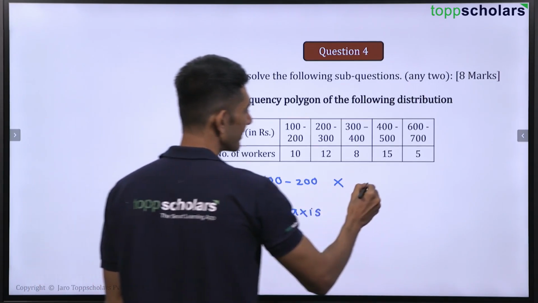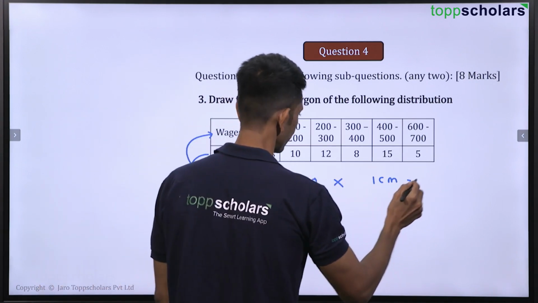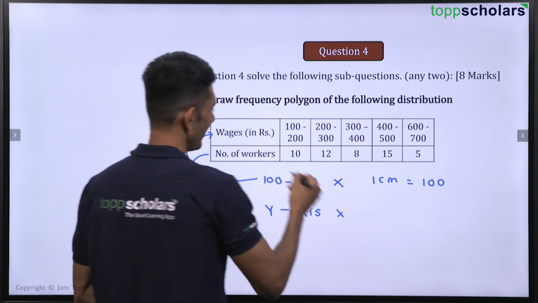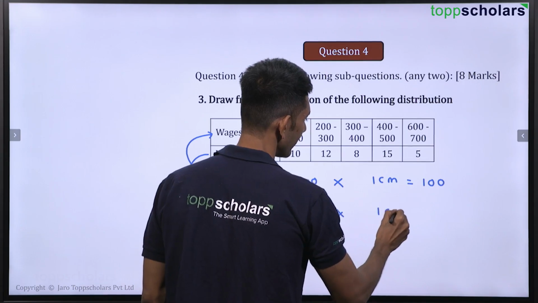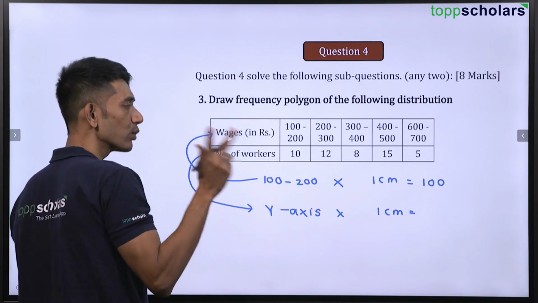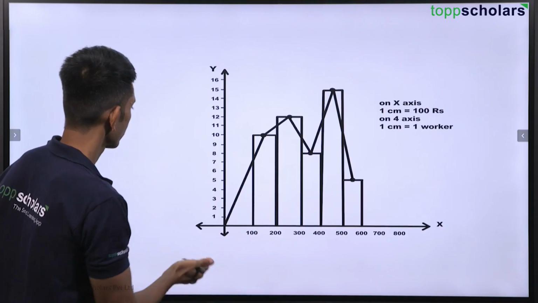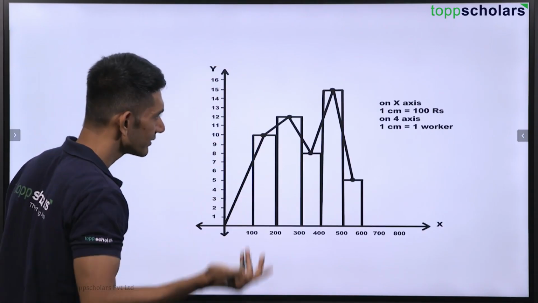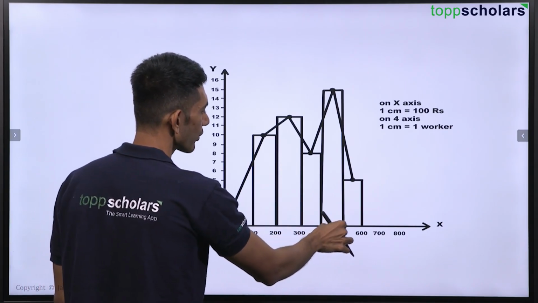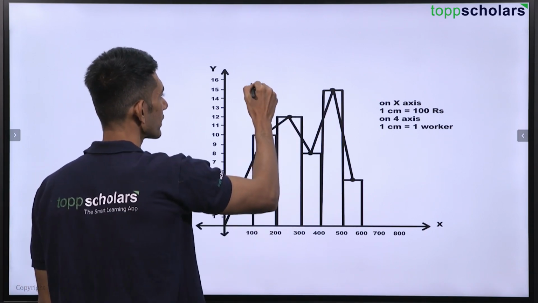On the x-axis, we'll take the scale of 1 centimeter is equal to 100 workers, and on the y-axis, we'll take the scale of 1 centimeter is equal to, here is your choice, you can take a scale of 2, that would be better, and then just draw it. They have taken a scale of 1, that's okay, that's the choice. And then 100 to 200, 200 to 300, 300 to 400, 400 to 500, 500 to 600. These are the histograms. So firstly, draw the histogram.